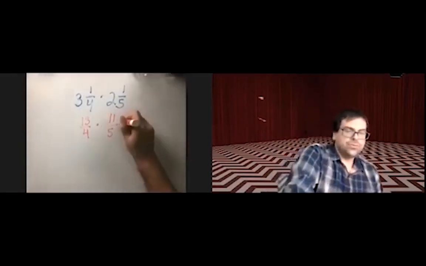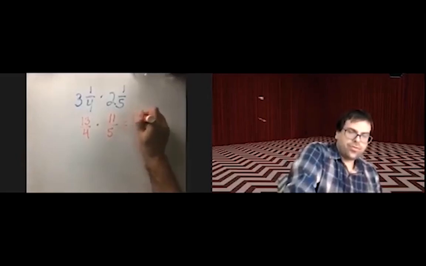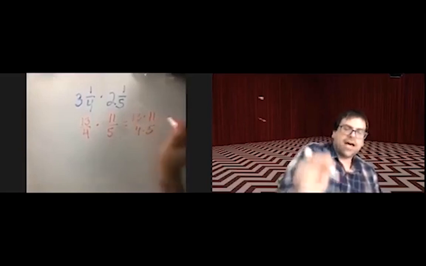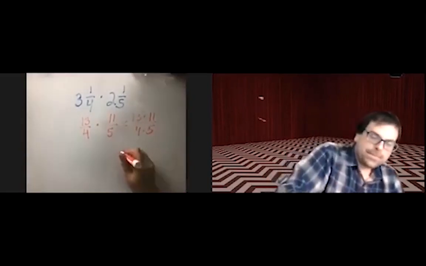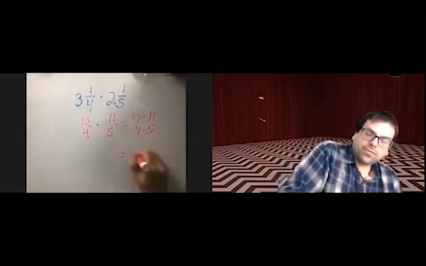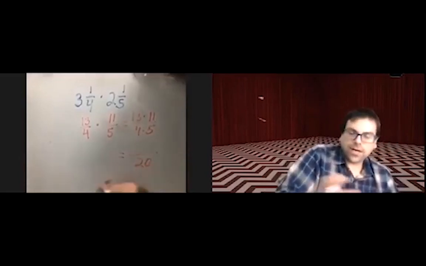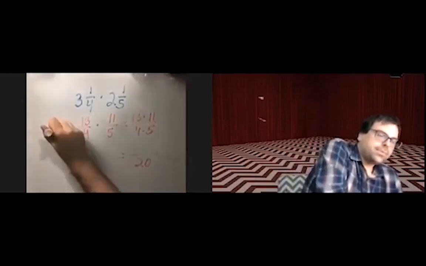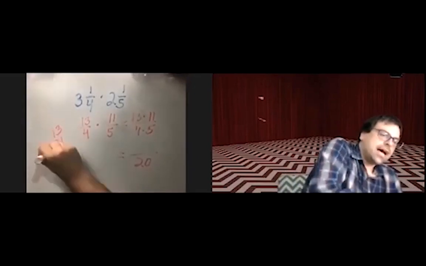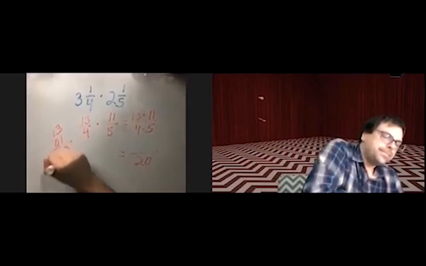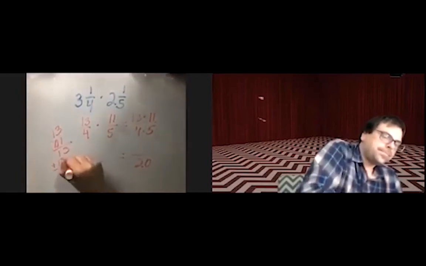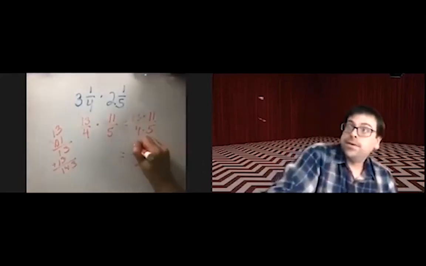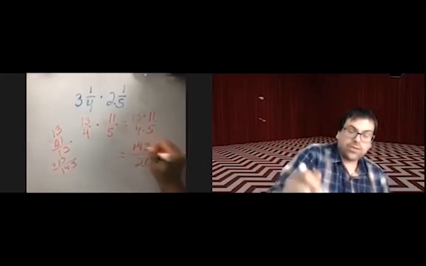So we have to do 13 times 11 over 4 times 5, no simpler way. The bottom, 4 times 5 is 20. On the top, 13 times 11 is 143. 143 over 20.